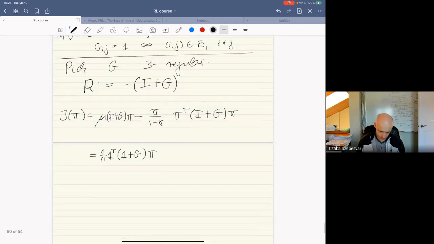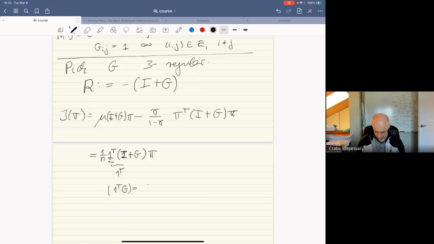Right, and so we have to multiply with the identity, the 1 transpose vector. So that's 1 transpose, that's fine. We have to multiply 1 transpose and G. What is that doing?